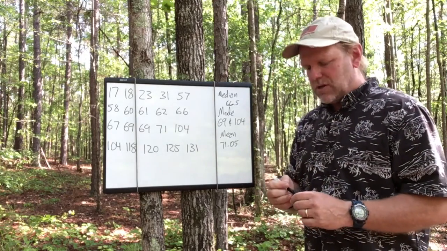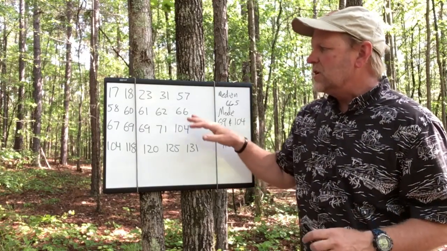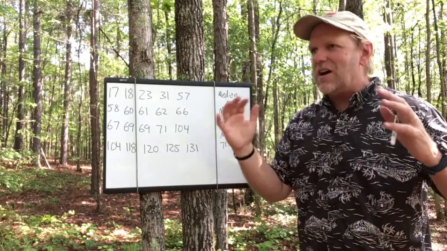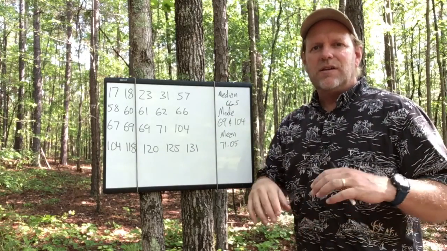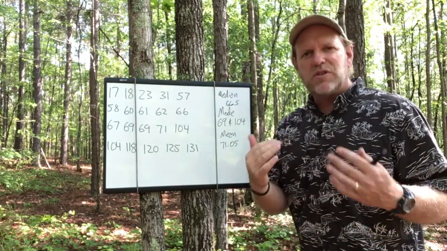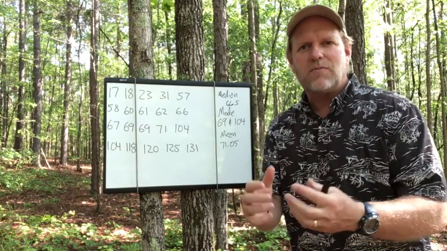That's my average. So on average, the size of my trees is just over 71 centimeters in circumference. That's the average.